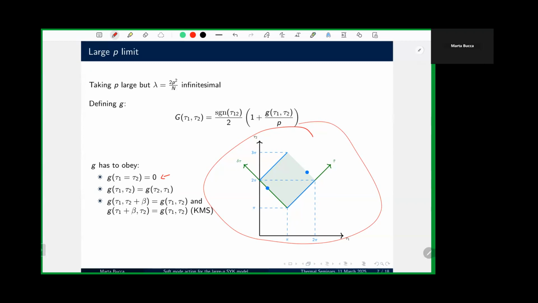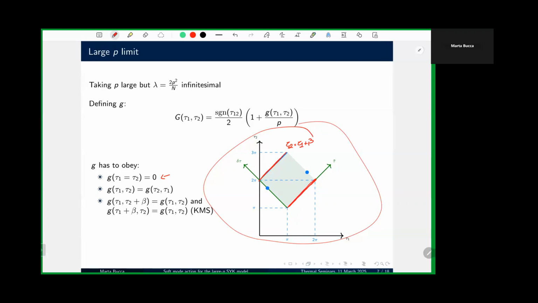We have that g is equal to 0 when tau 1 is equal to tau 2, and tau 1 equal to tau 2 is this line here. However, since we also have KMS, we are going to impose that g is equal to 0 on this other line as well. And this other line is simply tau 2 is equal to tau 1 plus beta.